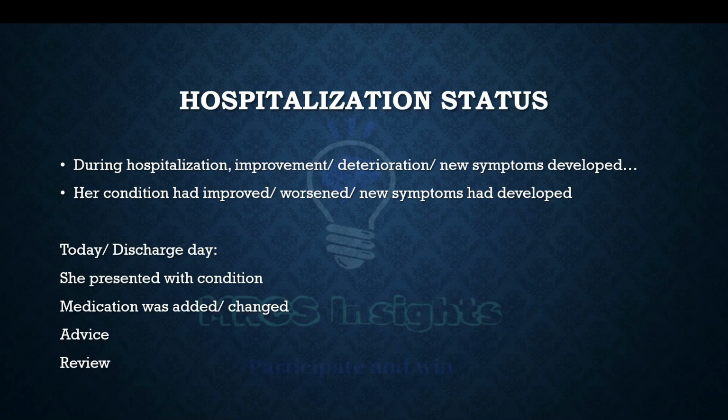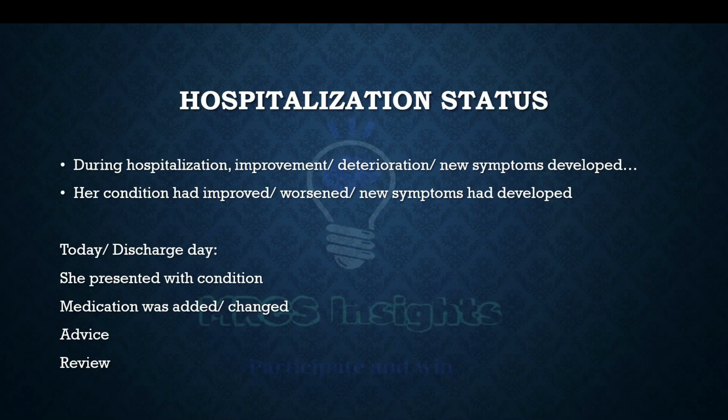Regarding hospitalization status, you can write as, during hospitalization, her condition had improved or worsened or new symptoms had developed. And today, the discharge day, she presented with this condition. Medications were advised or added or changed.